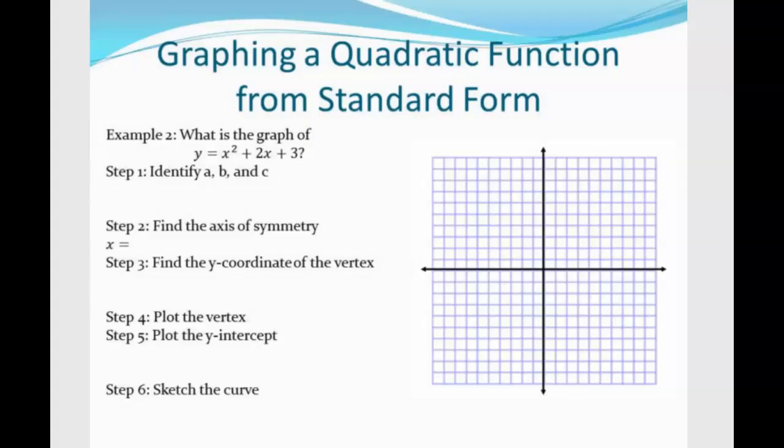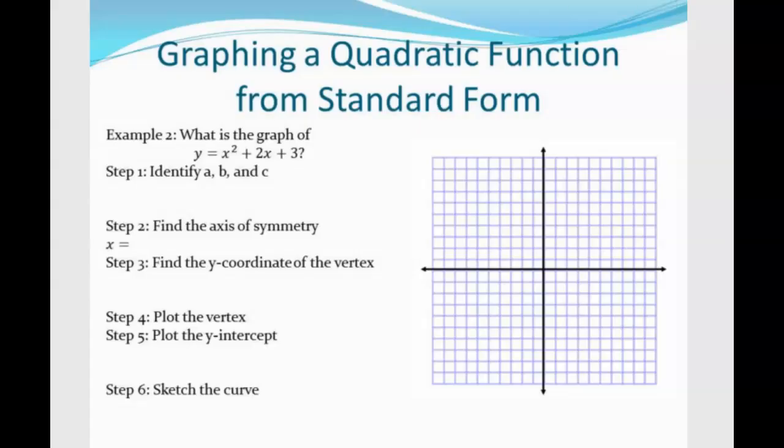So if we're graphing a quadratic from standard form, what we want to first do is identify a, b, and c. So the standard form of a quadratic is ax squared plus bx plus c.